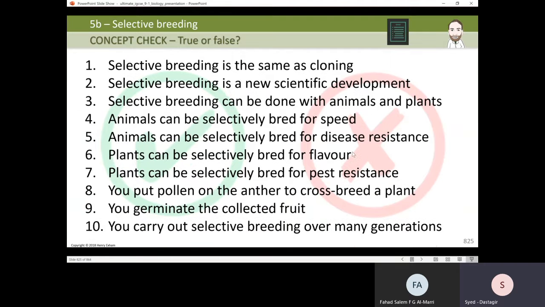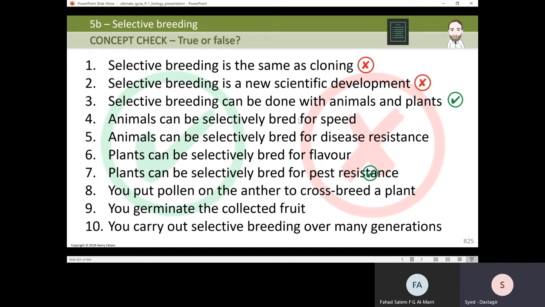Right, Fahad. Number one, selective breeding is the same as cloning. No. Good. Selective breeding is a new scientific development. No, it's old. Selective breeding can be done with animals and plants. Yes. Animals can be selectively bred for speed. Yes.